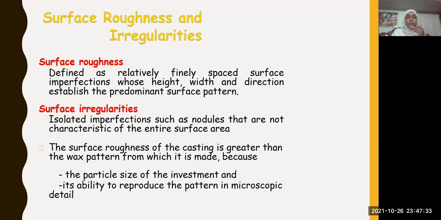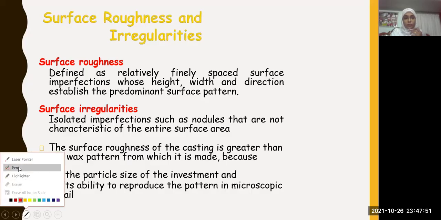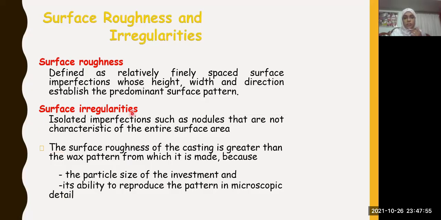So the next defect is surface roughness and irregularities. Surface roughness is mainly defined as finely spaced surface imperfection, either in height, width, direction. Next, surface irregularities. These are isolated imperfections, which can be in the form of nodules.